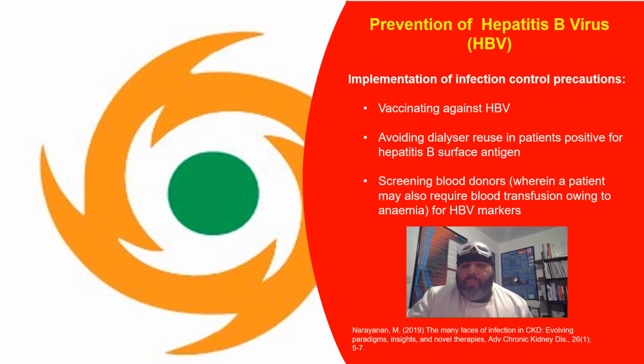In the context of prevention of hepatitis B virus, or HBV, implementation of infection control precautions can include, for example, vaccinating against HBV, avoiding reuse of dialyzers for patients who are on forms of renal replacement therapy such as hemodialysis.